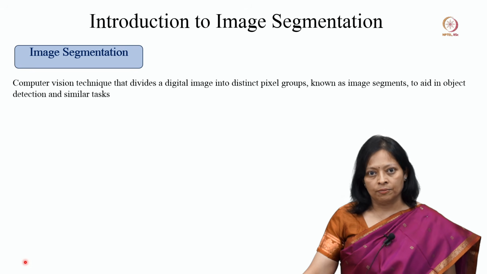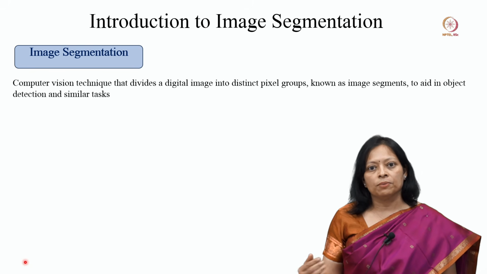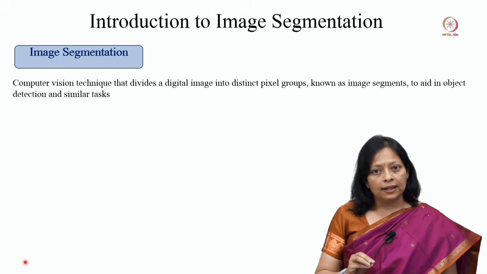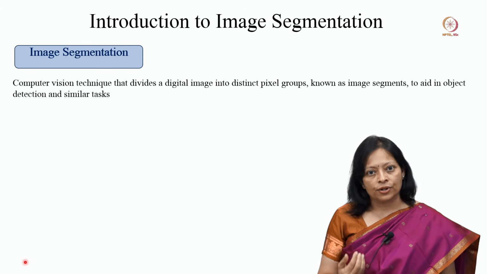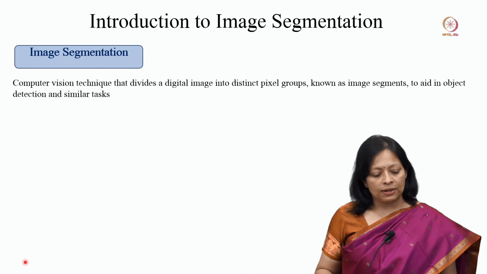Suppose we have an image where a lot of objects are present and our region of interest is one particular object. If the image is processed in such a way that the pixels of the various objects are highlighted in various colors, then we call it image segmentation.